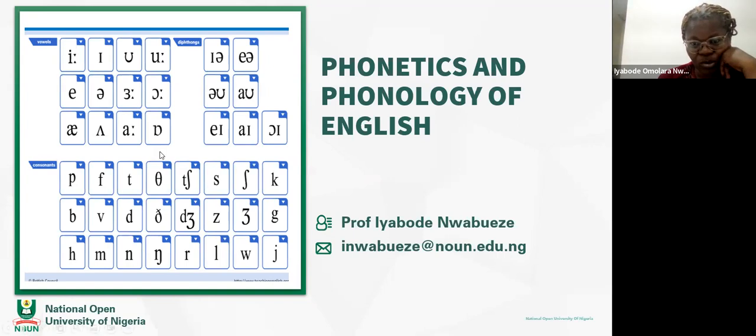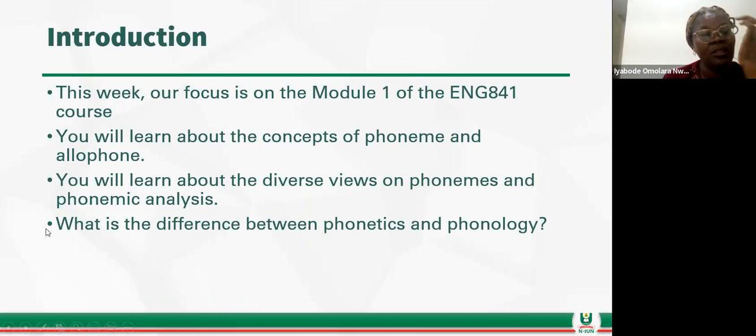So today we are going to look at the first module. Module 1 is talking about the phonetics and phonology of English. Let's look at the introduction. Now our focus is on module 1 of ENG841. That's what we're going to be discussing today.